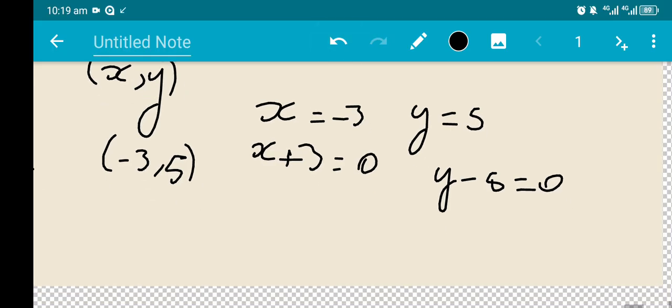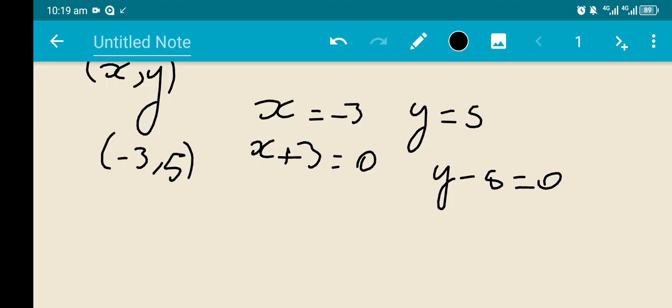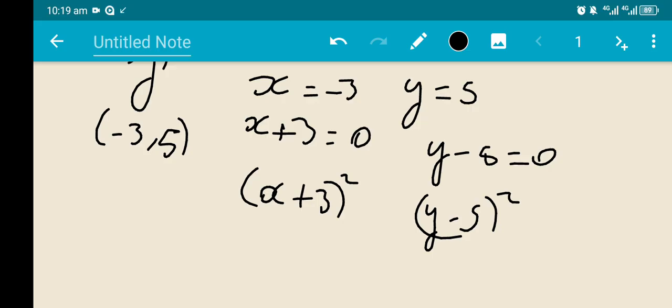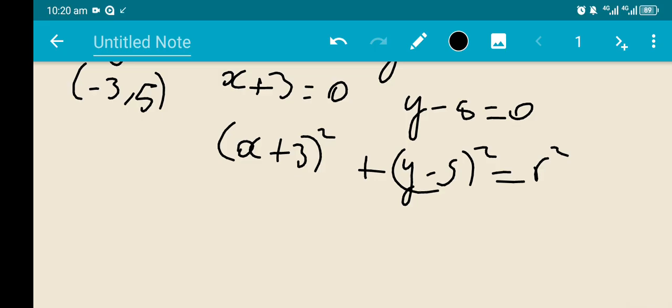So our equation of the circle looks something like this: x plus 3 squared plus y minus 5 squared, should be equal to r squared. So this is it. Of course I didn't write down the formula, I just had to get back to this, but what's important here is that you've understood.